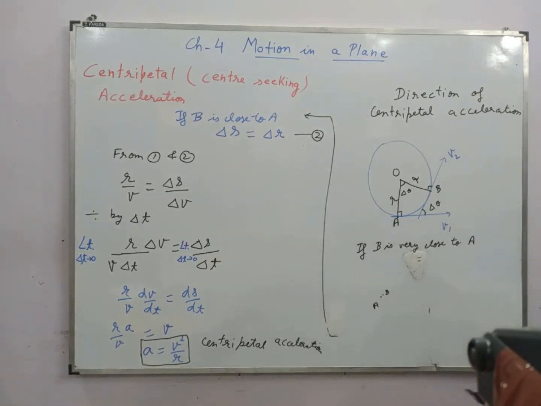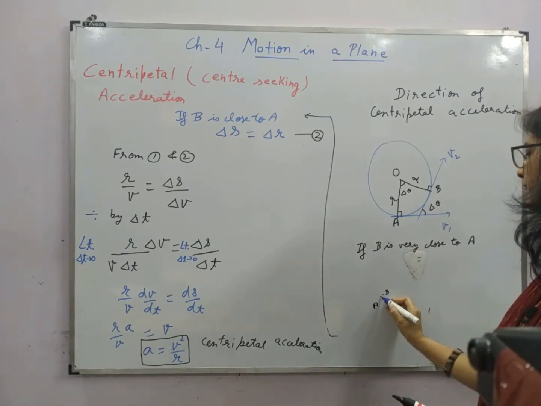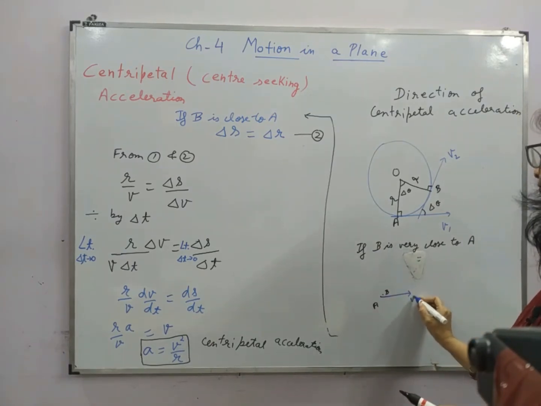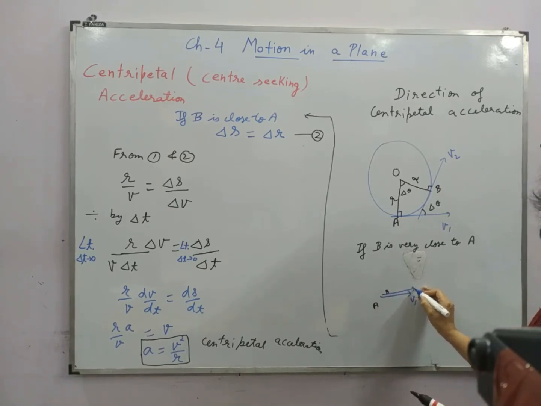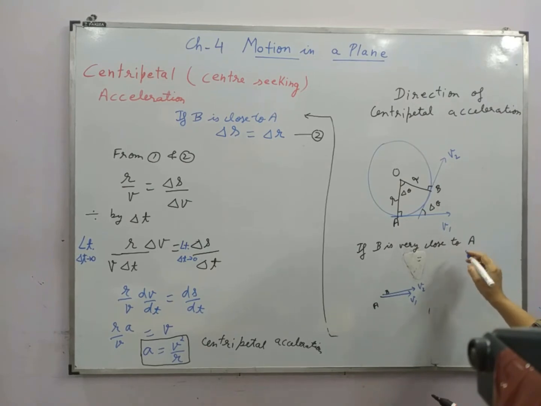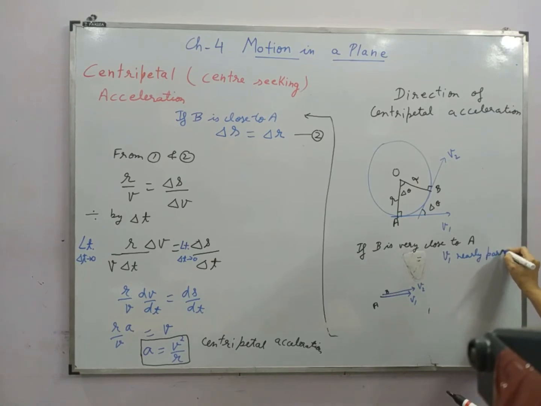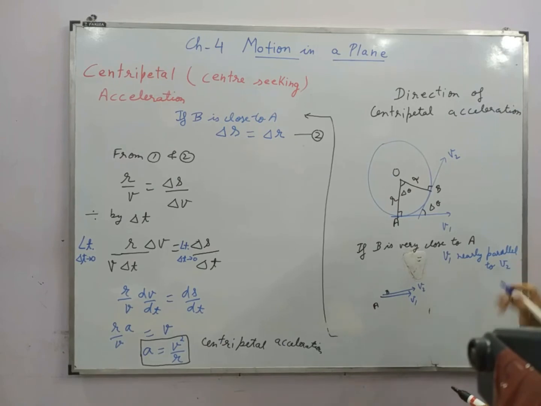So if we have these points A and B, so we have this direction of velocity v1 here and slightly different direction of v2 here. So for these close points, v1 is nearly parallel to v2. Yes.